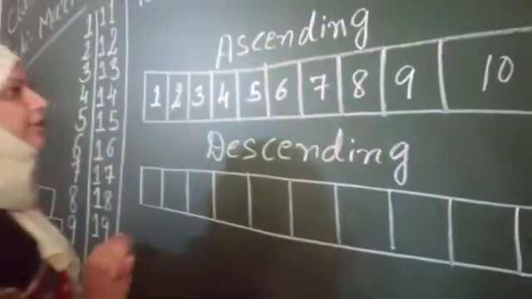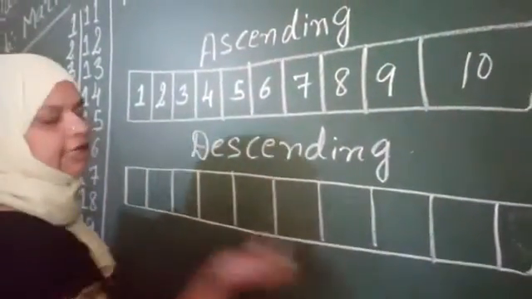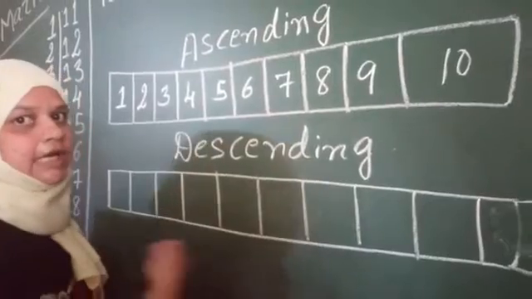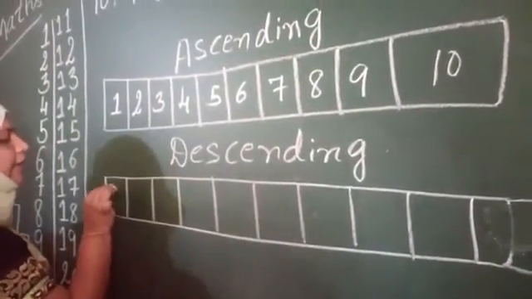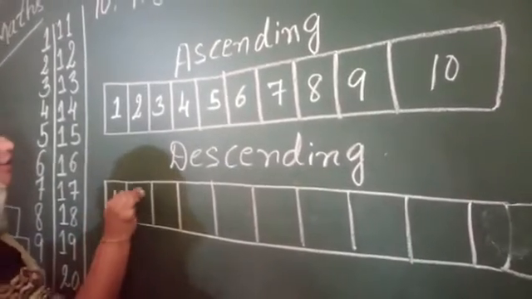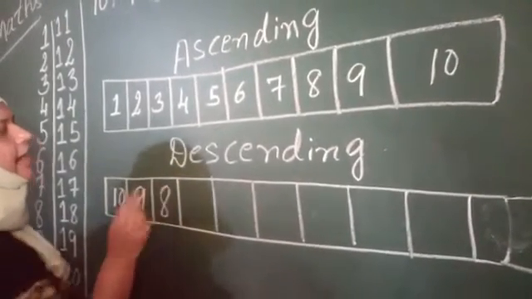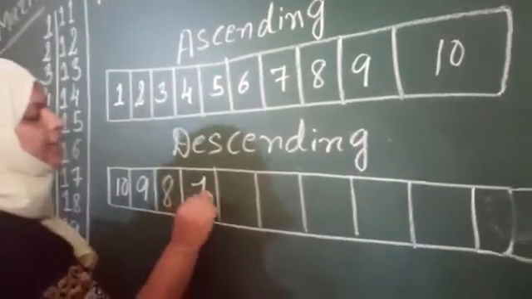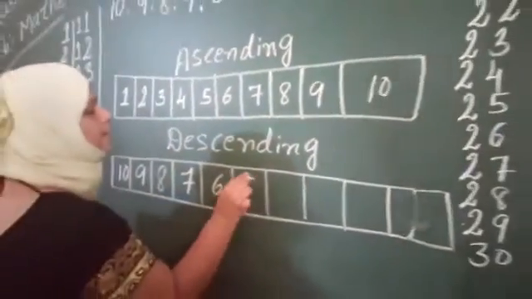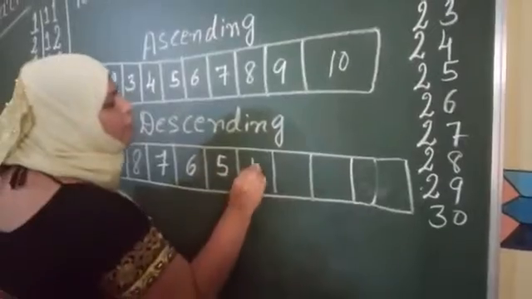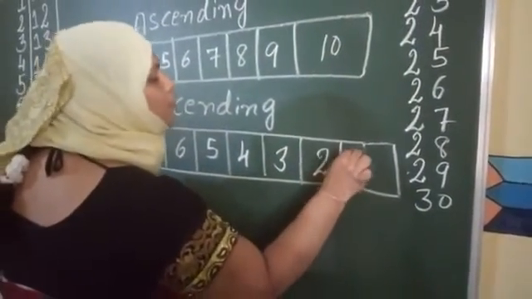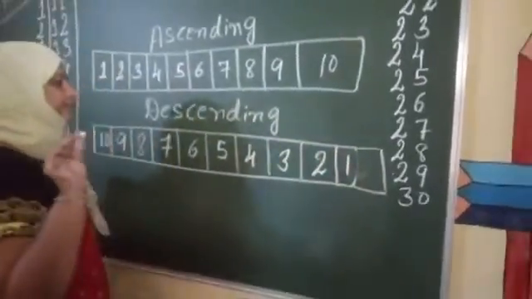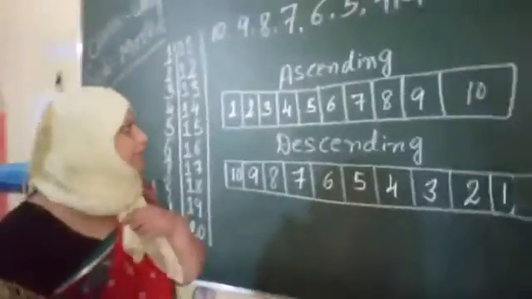Descending is decreasing. Decreasing the number, becoming less. Telling you only: 10, 9, 8, 7, 6, 5, 4, 3, 2, 1. Got it, children?